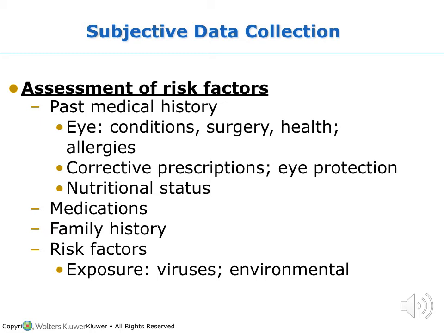Are there any medications that can affect their eyes? Do they have any medication specifically for their eyes? And any family history of any eye disorders? You also want to make sure that you find out about any general chronic conditions, because there are certain chronic conditions which have some manifestations in the eyes, such as diabetes.